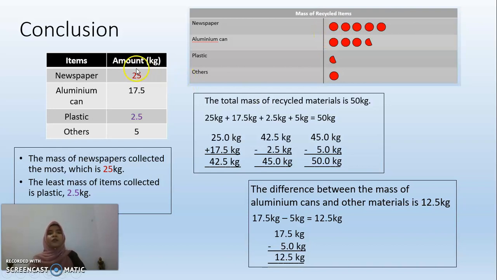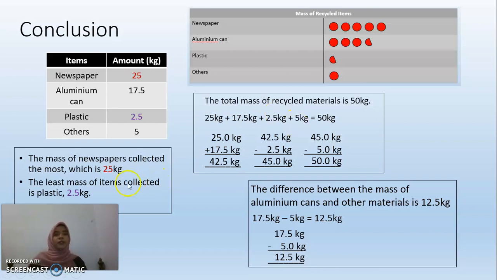And after we have gotten the amount of all 4 items, we need to add the amounts of the recycled items, and therefore we will get the total mass of all the recycled materials. So we can see here, 25 kilogram plus 17.5 kilogram plus 2.5 kilogram plus 5 kilogram equals 50 kilogram.